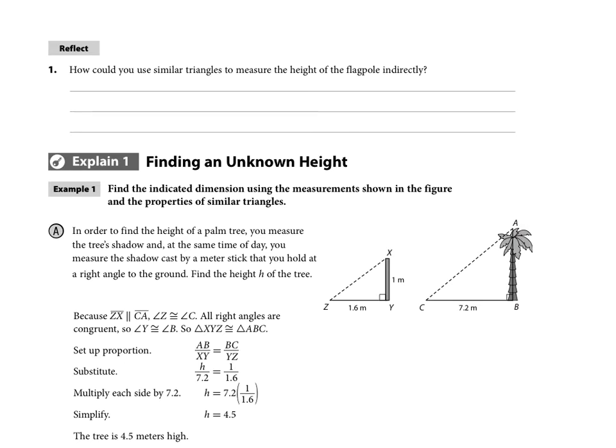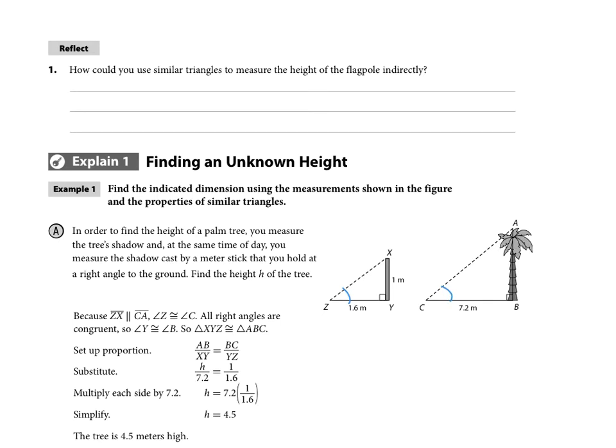So we're going to set up a proportion between the triangles, because we definitely know that we have similar triangles, since we've got two right angles here. We're assuming the palm tree is growing straight up, and that at the same time of day the sun is making the same angle with the ground there. So we've got angle-angle similarity.